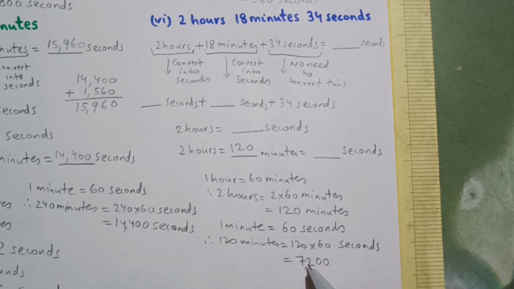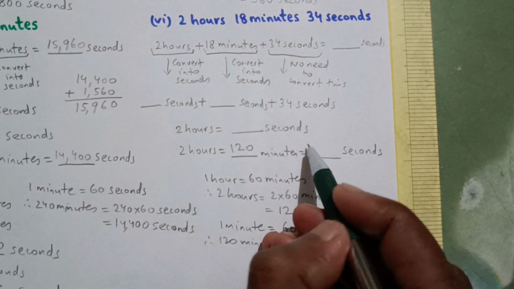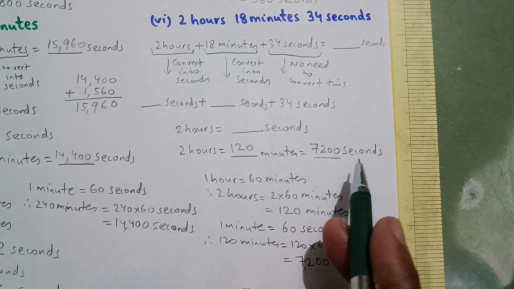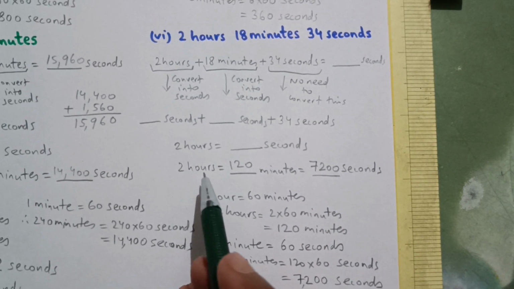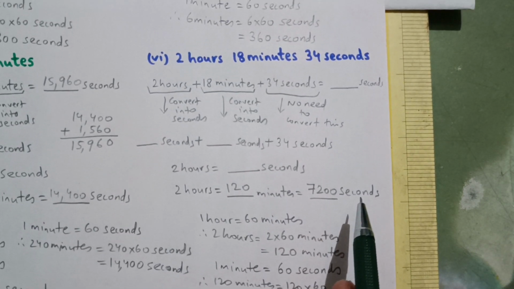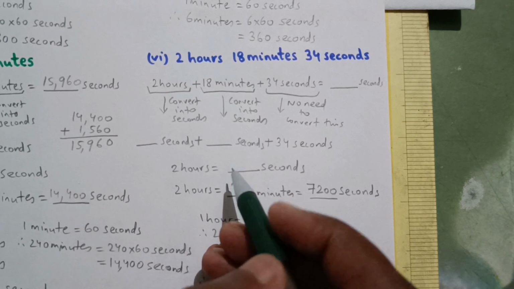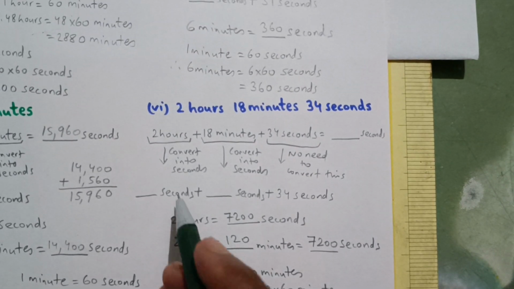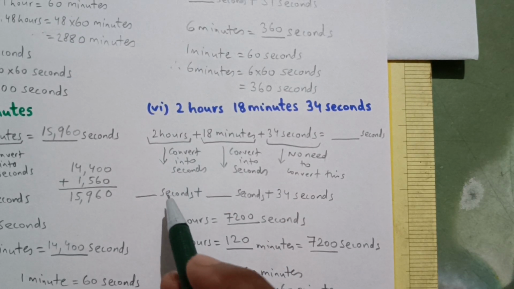So it is 7200. So 120 minutes is 7200 seconds. So 2 hours is 7200 seconds. So we have converted 2 hours into seconds.